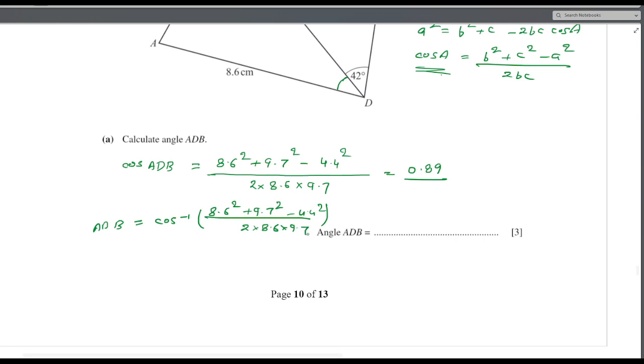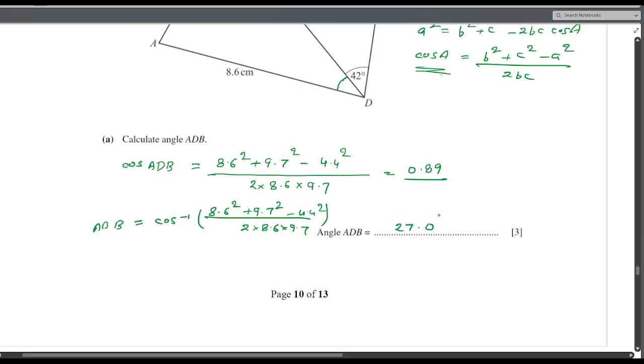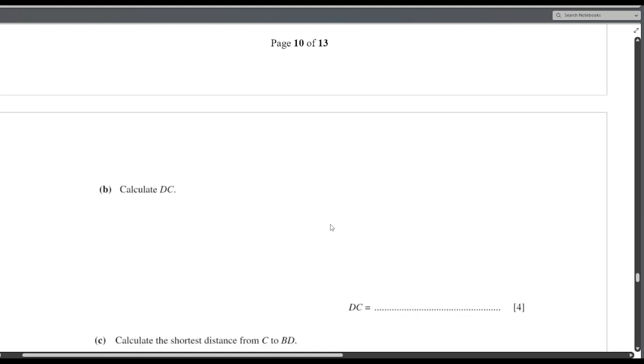Using the exact value, shift cos inverse of answer gives 26.97, which is 27.0 degree. So this angle is 27.0 degree. Why 0.0? Because I should write the answer up to one decimal place.